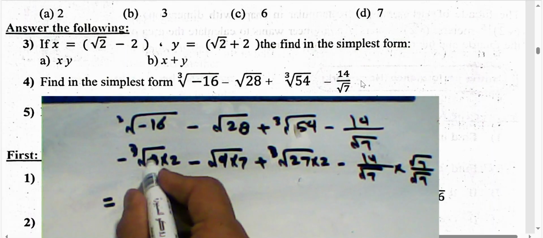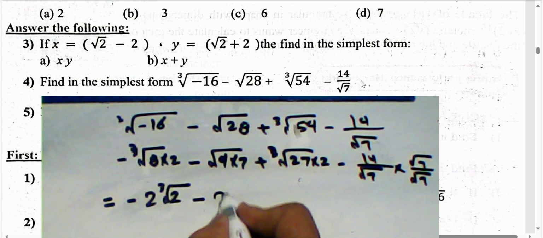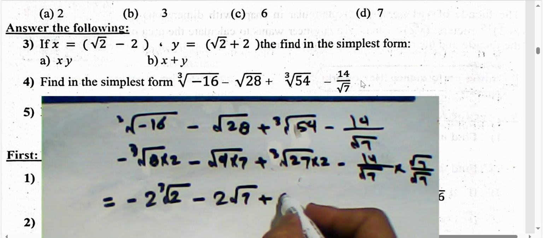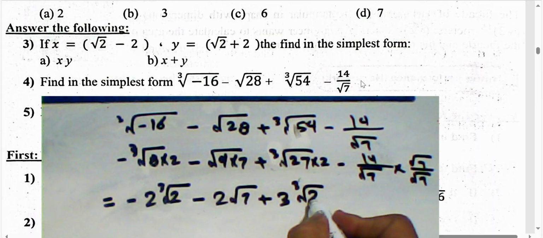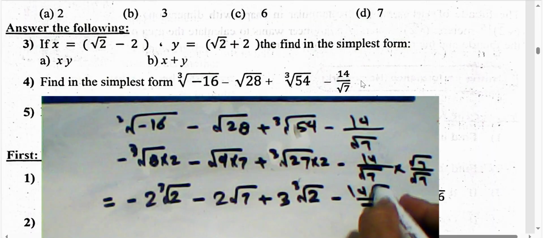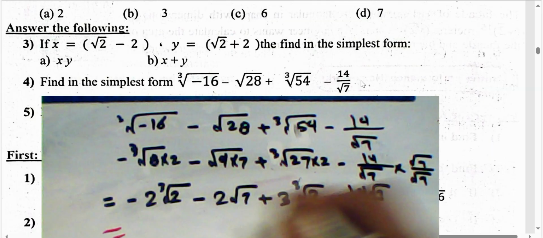Right, negative cubic root of 8 equals 2, so negative 2 cubic root of 2. The square root of 4 is 2, so 2 square root of 7. And the cubic root of 27 equals 3, multiplied by the cubic root of 2. Root 7 times root 7 equals 7, and we write 14 over 7 and the square root of 7. We can simplify this number here, negative 2.